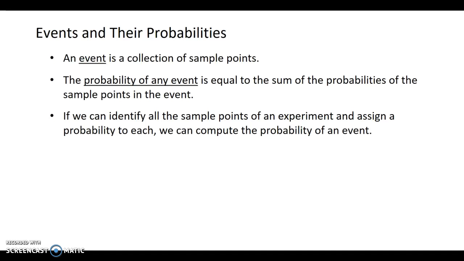Say you pick a blue and a green one. That is a sample point. Now, the probability of any event would be the probability of, say, picking a green M&M out of the bag times the probability of picking a blue M&M out of the bag.